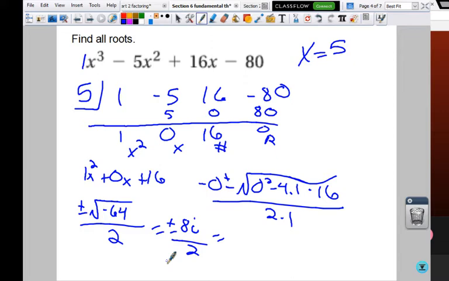This is plus minus 4i. So my second answer and my third answer are plus minus 4i. There are supposed to be 3 answers: 1, 2, 3. It's kind of sneaky, because plus minus counts as 2 answers.